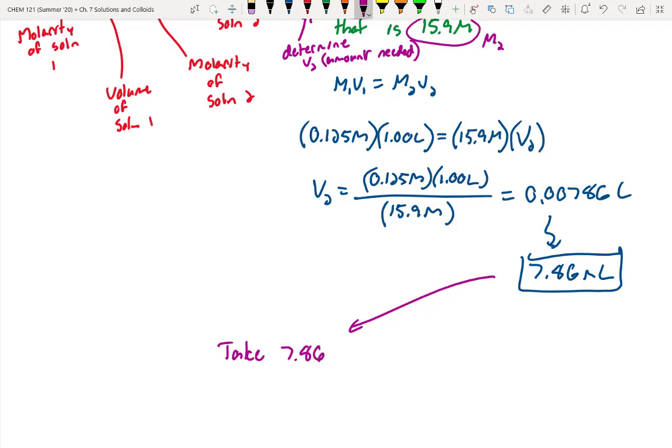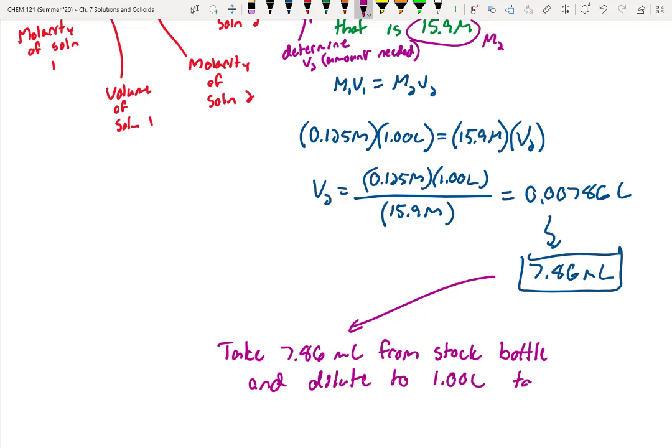So what we would do is take 7.86 milliliters from the stock bottle and dilute to 1.00 liters to get a 0.125 molar solution.